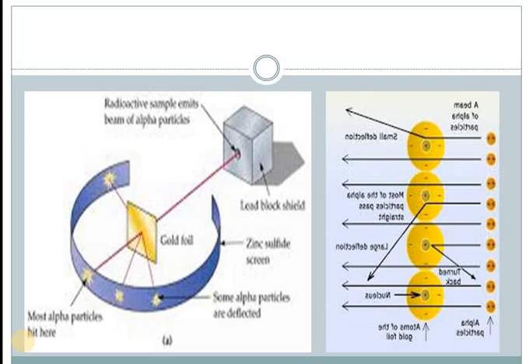That's why it causes deflection back or at a certain angle, by the help of which he concluded that electrons are revolving around the nucleus and the nucleus has protons and neutrons present in the center.